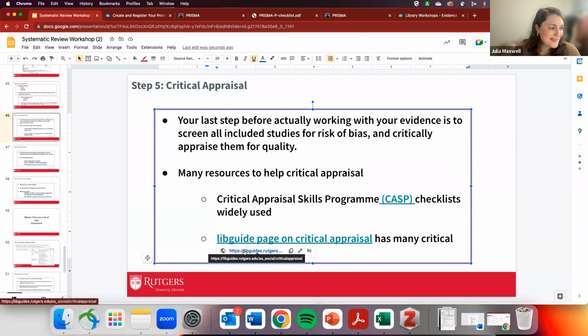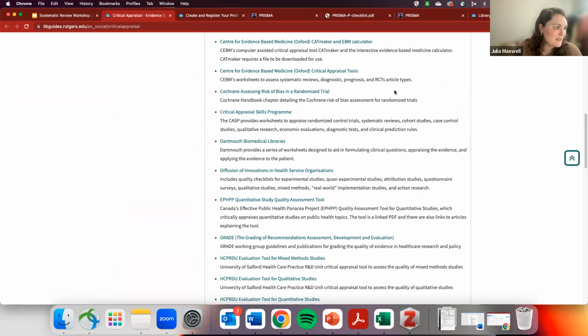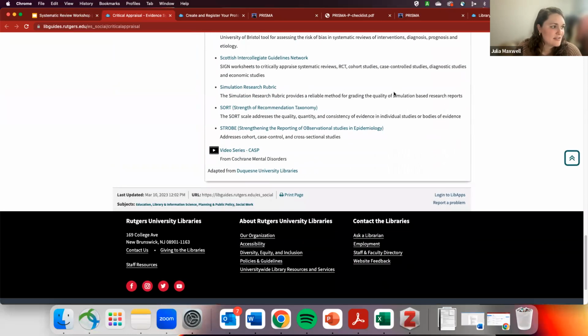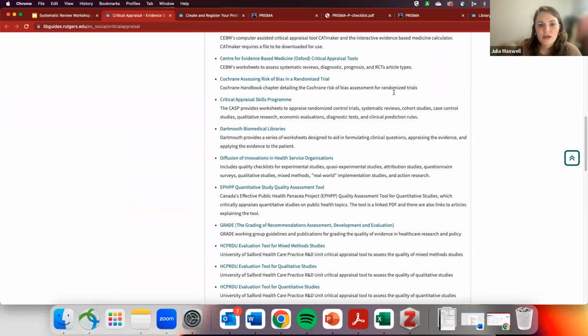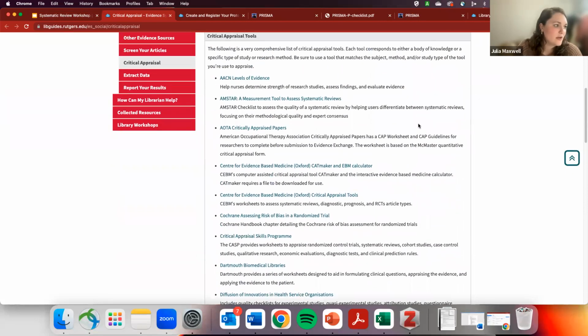I also, like everything, have a page on the LibGuide with literally tons of different critical appraisal tools. Some of them are specific to a particular discipline, so you might be able to rule some of them out. That's why I like CASP, because it's kind of discipline agnostic. You can use it regardless.